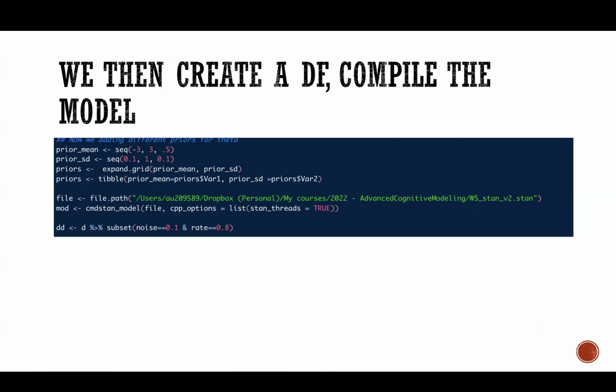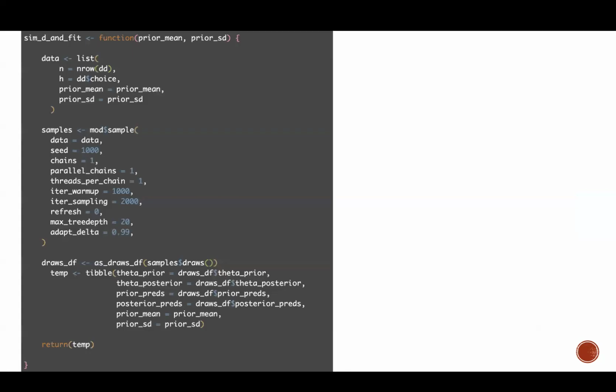Then we select a random bias agent against which we can make the agent play. And then we create a function which, given a value for the prior mean and a value for the prior standard deviation, creates the data.